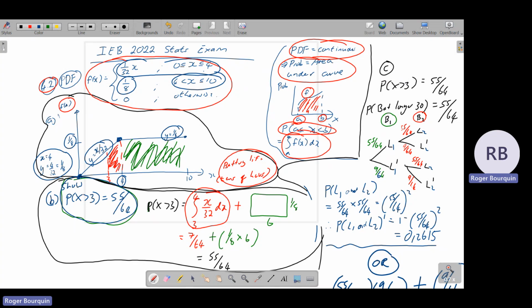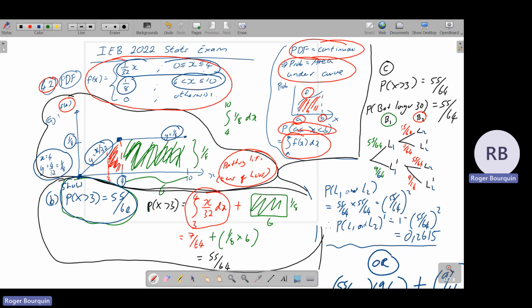This will give you the same answer. Or you could just say the area of this rectangle: this distance here is 6, this distance here is 1 over 8. But as I say, you could have said the integral between 4 and 10 of the function 1 over 8 with respect to x, and you get the same answer. So I used the rectangle. The first integral on your calculator gives you 7 over 64.